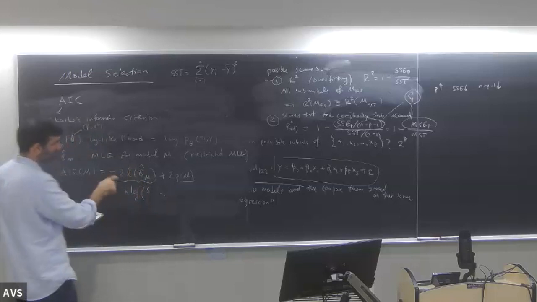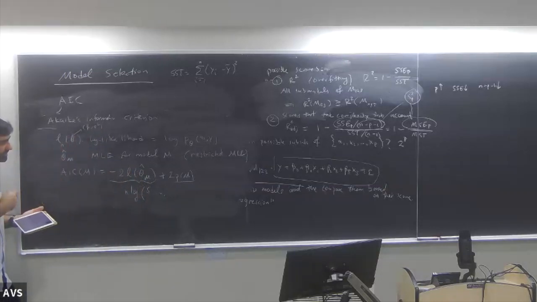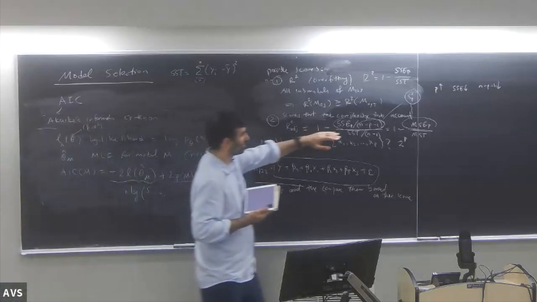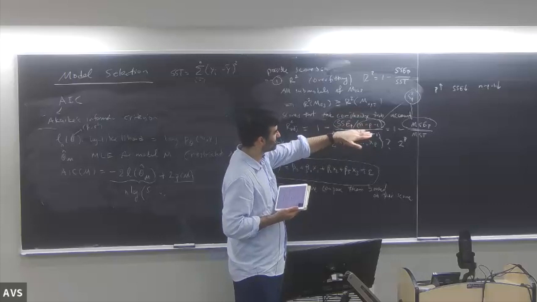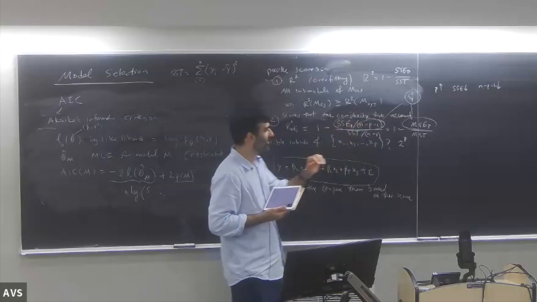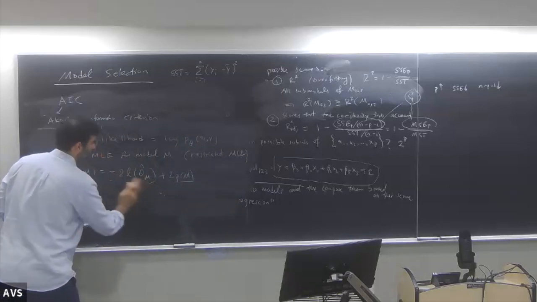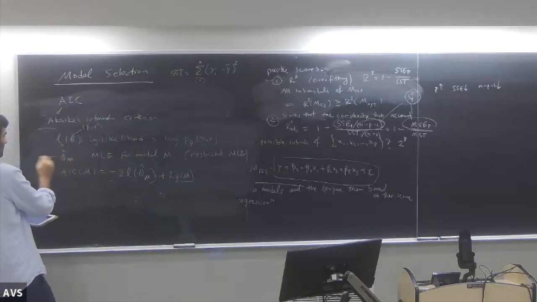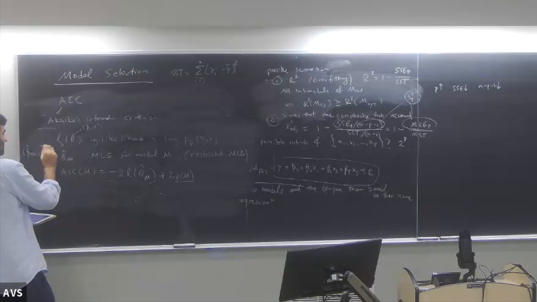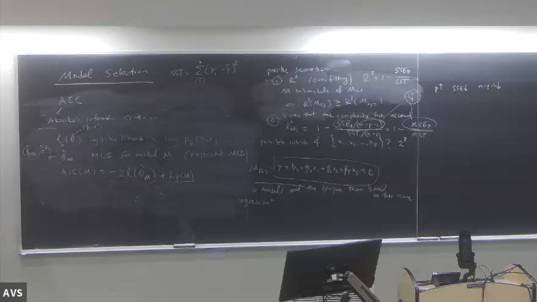It's equivalent to doing the regression, finding the OLS. You remember the MLE estimate of sigma squared was SSE divided by n. So in the context of regression, this would be beta hat OLS and then sigma hat squared, the maximum likelihood estimate, which was a little bit different.